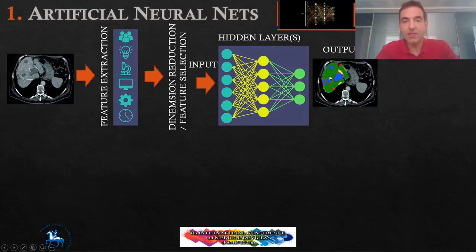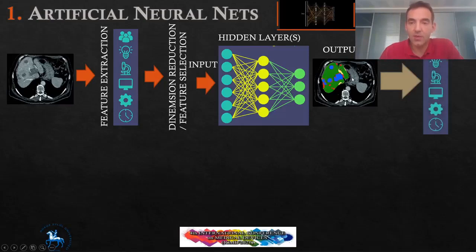Now, this is called the conventional or classical machine learning approach, and what is now a hot topic is radiomics. And radiomics is actually simply repeating this procedure for a specific region of interest.